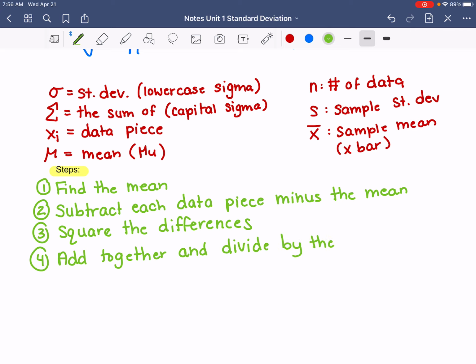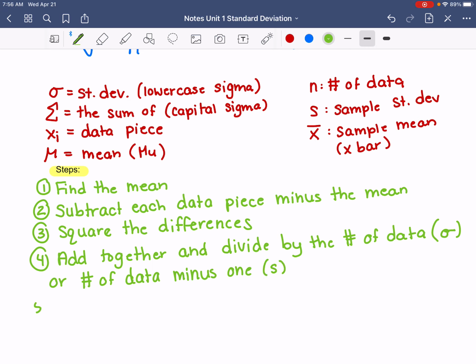By the number of terms of data, that's if you're finding the population standard deviation, or the number of data minus 1 if you're doing the sample standard deviation. And then the last step is you're just going to square root that result.